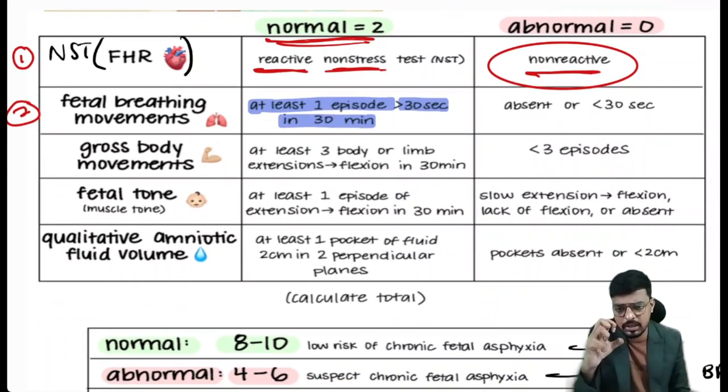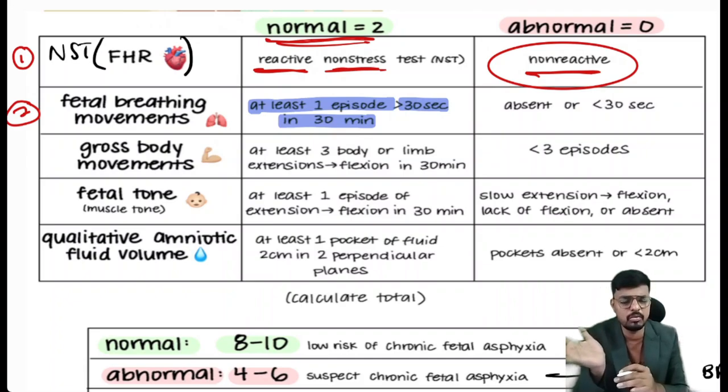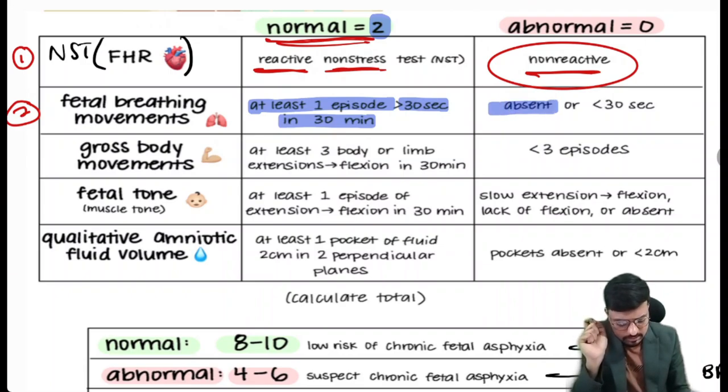If we get at least one such episode of fetal breathing movement, we give the normal score, 2. If the fetal breathing movement is absent, or is present but lasts less than 30 seconds, that is abnormal and we give a score of 0.